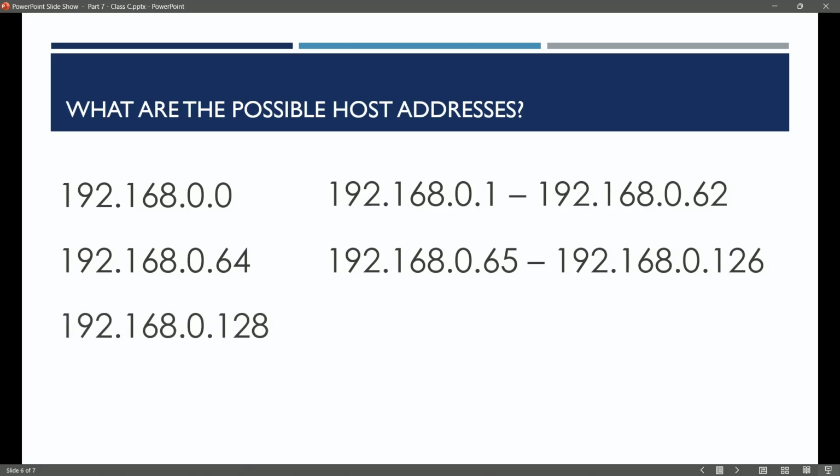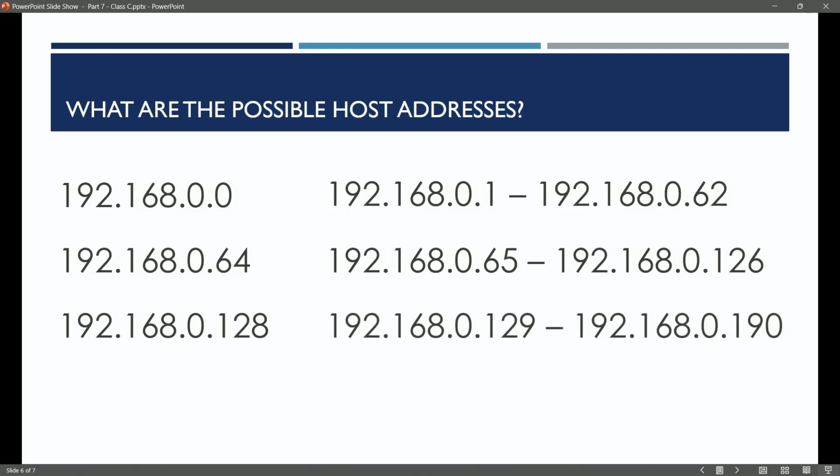What's the next network? It's 192.168.0.128. So our first usable would be .129. Our last usable would be .190. .191 is the broadcast, and .192 is our next network.